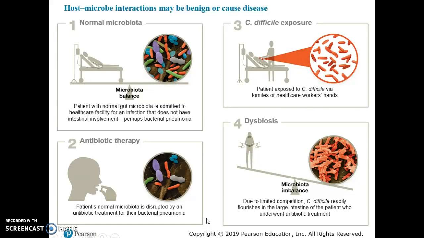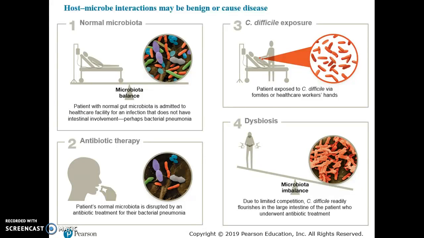Well, this person is in the hospital, and unfortunately, there can be a lot of inadvertent transmission. Now you have the healthcare provider who has Clostridium difficile on his or her hands, touches the patient, and now this patient gets contaminated with the C. diff. Now, C. diff is pathogenic in almost every case.